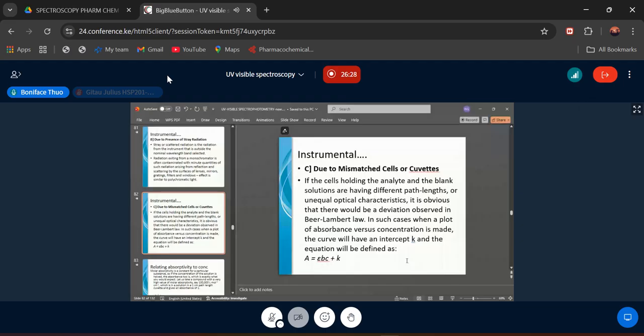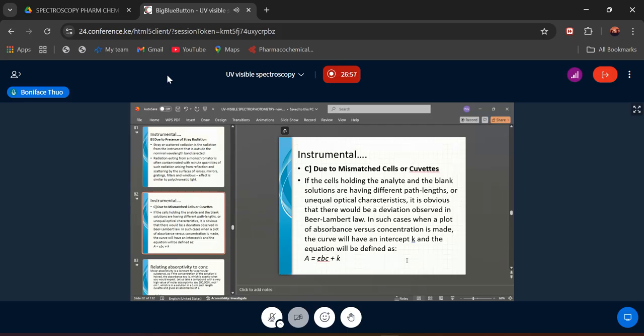Okay. So I think we had come this far. So we are saying that in a dual beam, you are using a cuvette having the blank solution and a cuvette having the sample. If they do not have the same optical properties, then you'll find that the measurements may be erroneous.